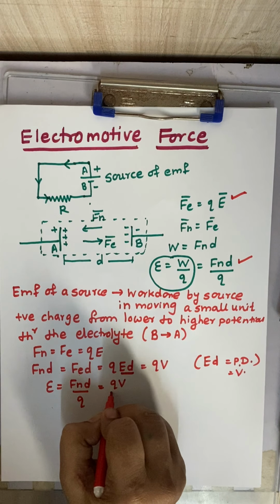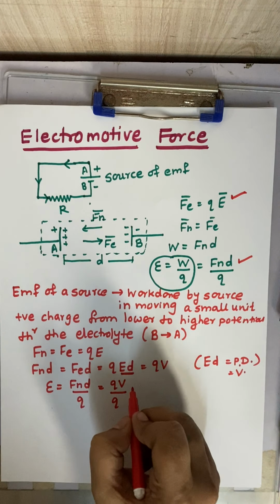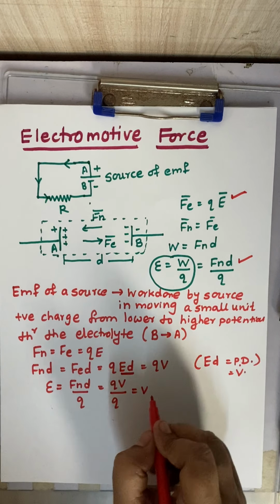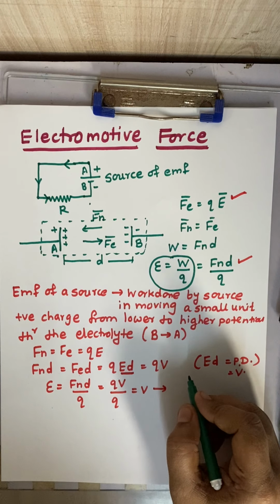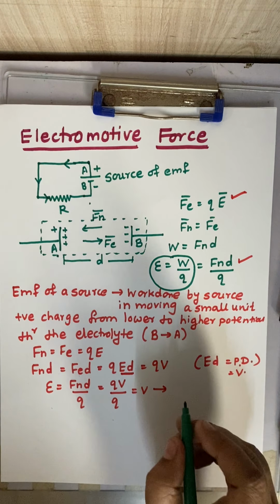So QV by Q is equal to V. But it is very important that this is the case when the circuit is open, that means the battery is not connected externally.